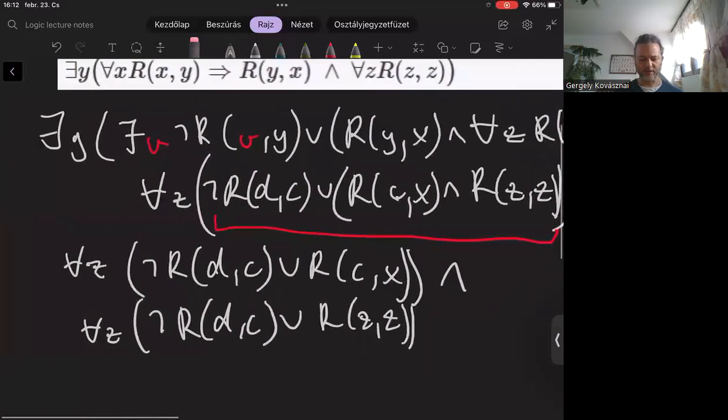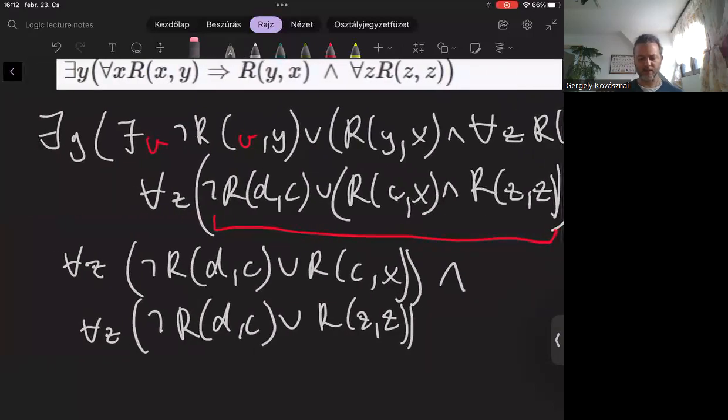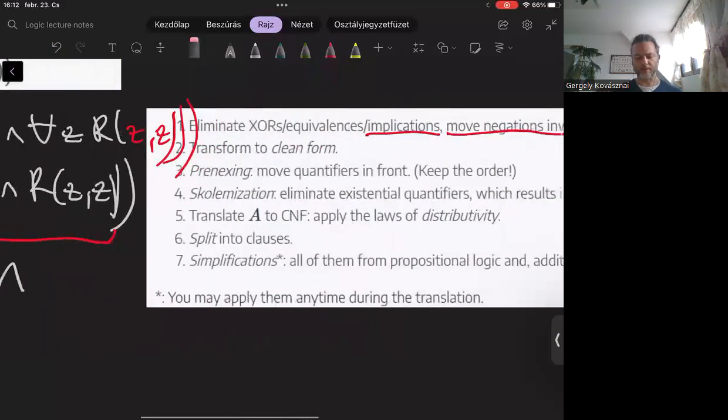And now we have two quantifiers, and as you can see, one of them is unnecessary, the first one. This quantifier is unnecessary because z has no occurrence in the scope of this quantifier. Therefore, we can simply remove the first quantifier. So this is the result of applying this algorithm.